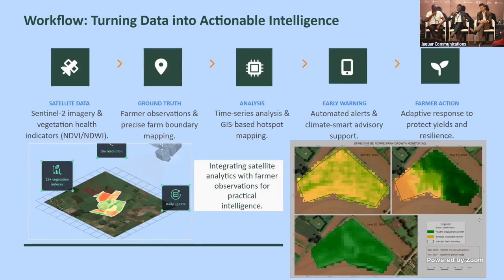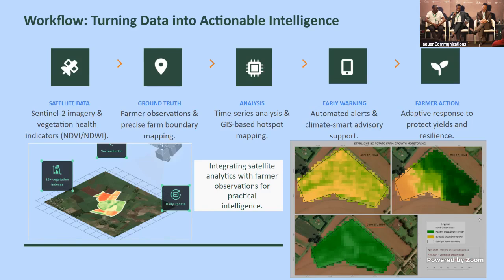And the first one was we started with the Earth observation data. That is the satellite, whereby we use Sentinel-2, which is a 10-meter resolution, and it's open source data. And then we went all the way to the ground observations and mapping of the demonstration farms. And then the next one was the GIS analysis and the time series part.